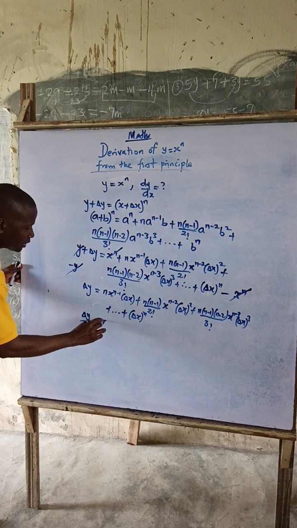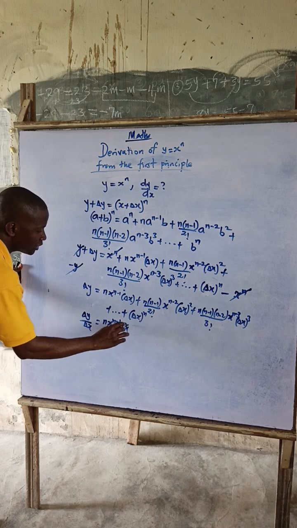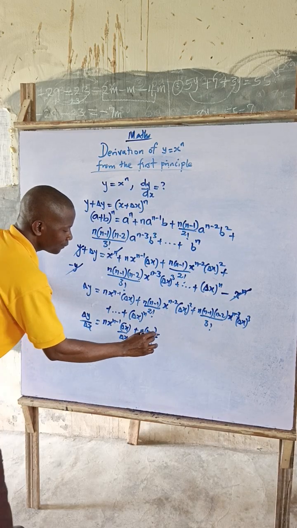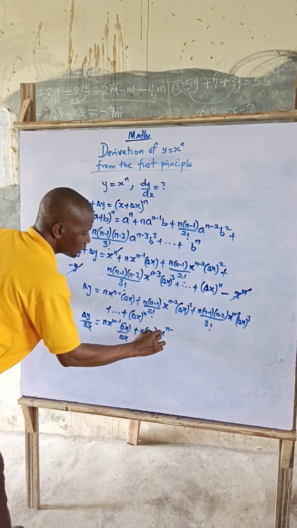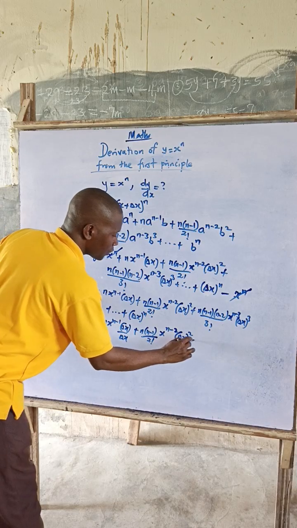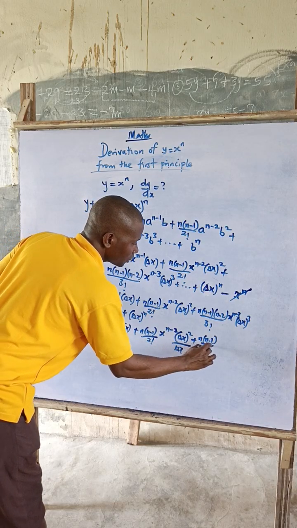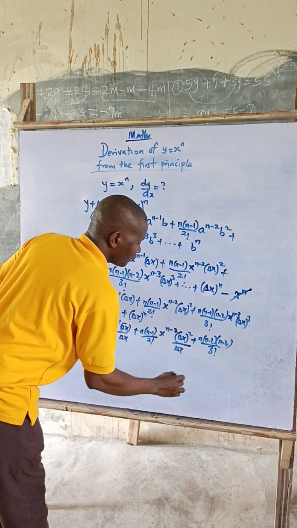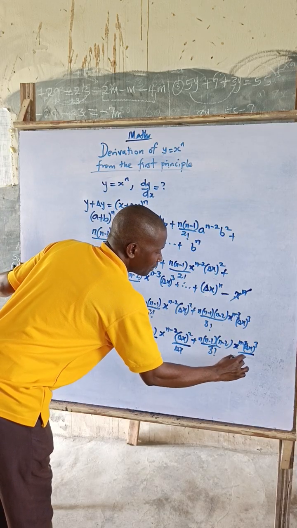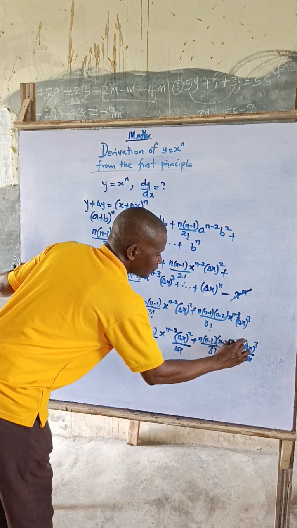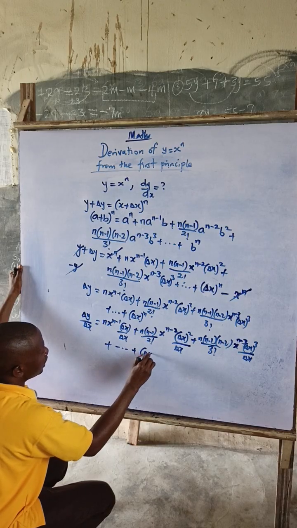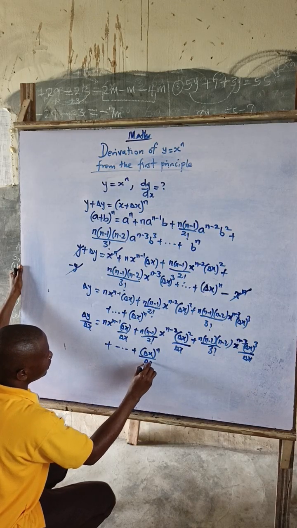We divide each term by delta x: n x raised to n minus 1 delta x divided by delta x, plus n into n minus 1 divided by 2 factorial x raised to power n minus 2 delta x raised to power 2 divided by delta x, plus n into n minus 1 into n minus 2 divided by 3 factorial x raised to n minus 3 delta x raised to power 3 divided by delta x, then plus delta x raised to power n, everything divided by delta x.